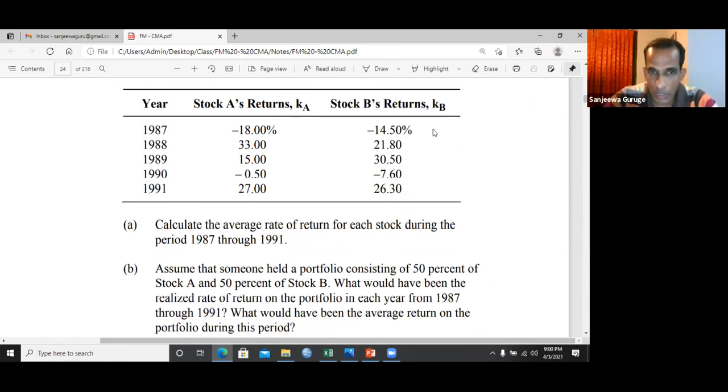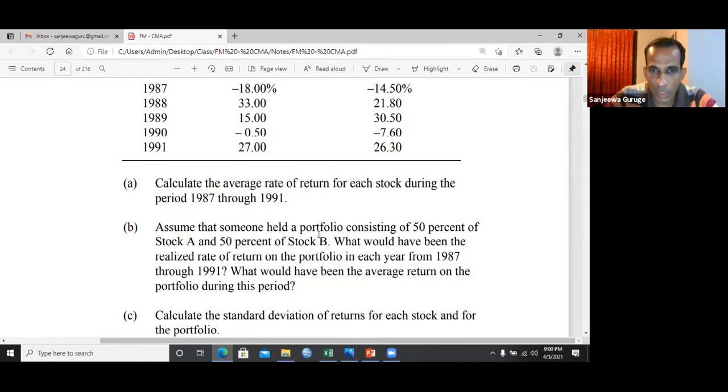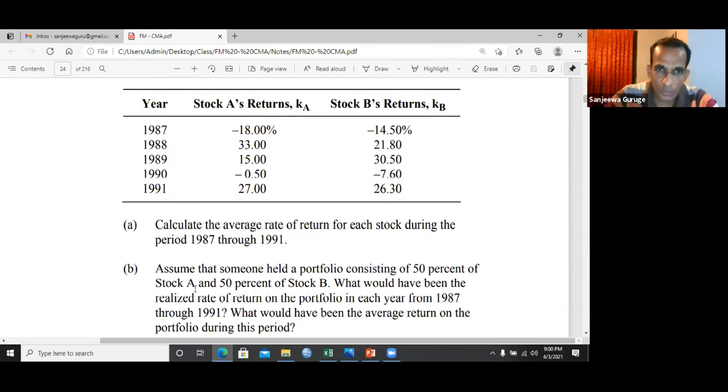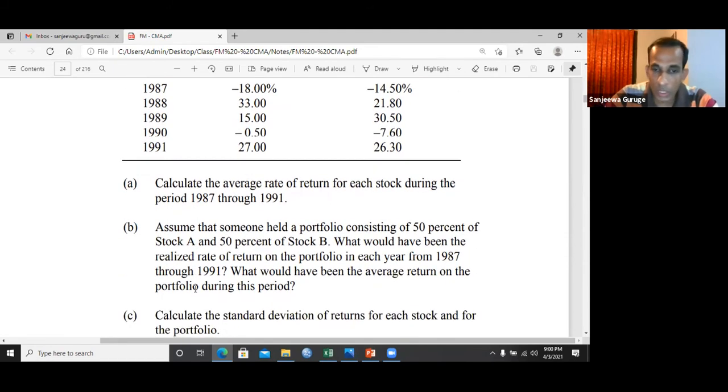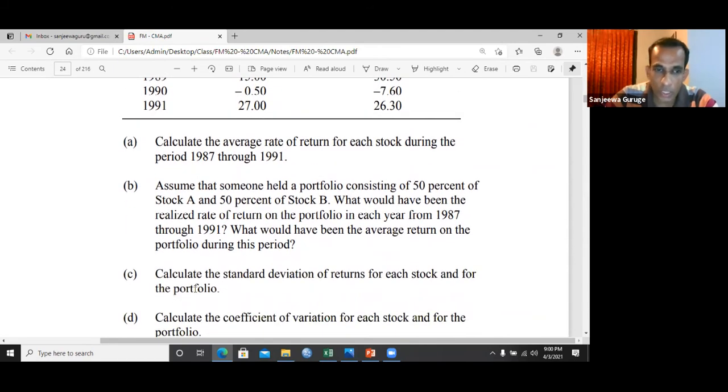Assume that someone held a portfolio consisting of 50% of stock A and 50% of stock B. What would have been the realized rate of return on the portfolio in each year from 87 through 91? What would have been the average return of the portfolio? And calculate the standard deviation for each stock and for the portfolio.